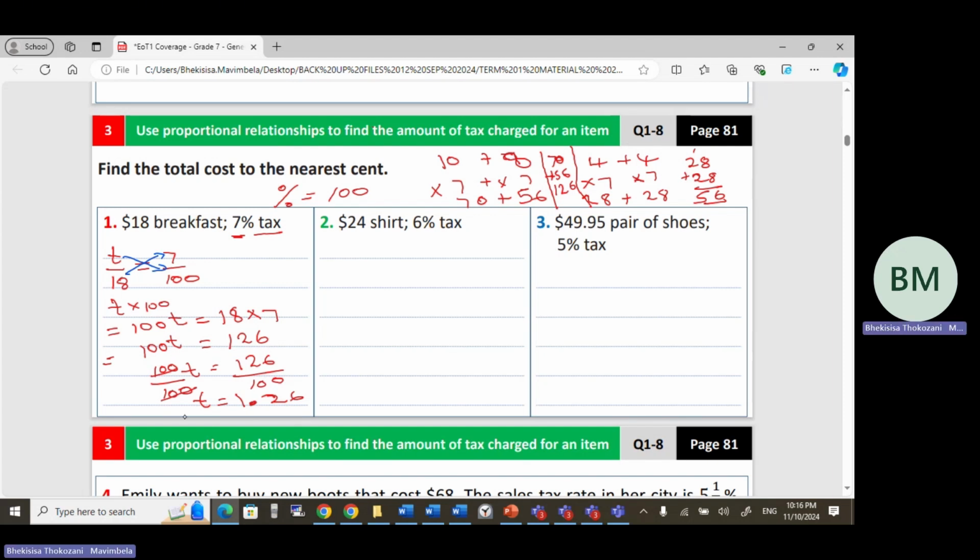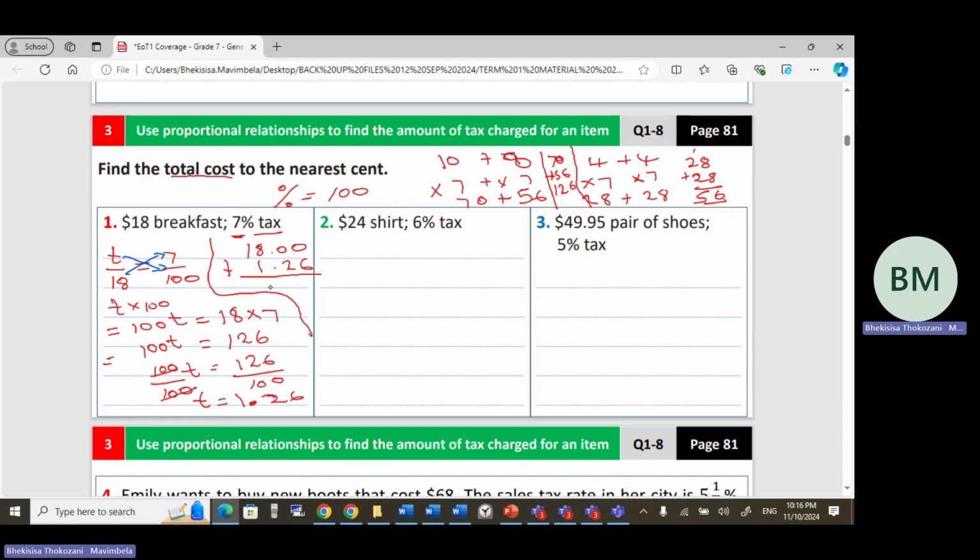Once we have done this, we always want to know what is the total cost. For total cost, if it's tax, we're going to add. So we're going to say 18. Be careful. You see how I'm writing my 18? Plus 1.26.